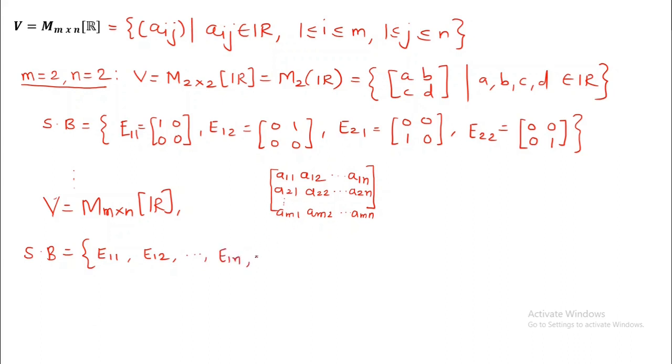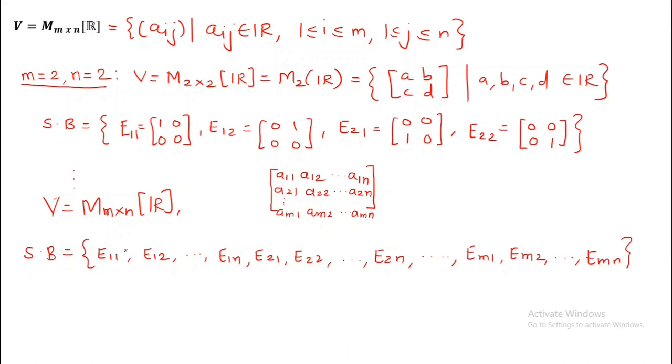Now corresponding to second row, it will be E21, E22, and so on up to what? E2n, and we will continue in this way, and our next vectors will be EM1, EM2 up to what? EMN. So this will be our standard basis for V.